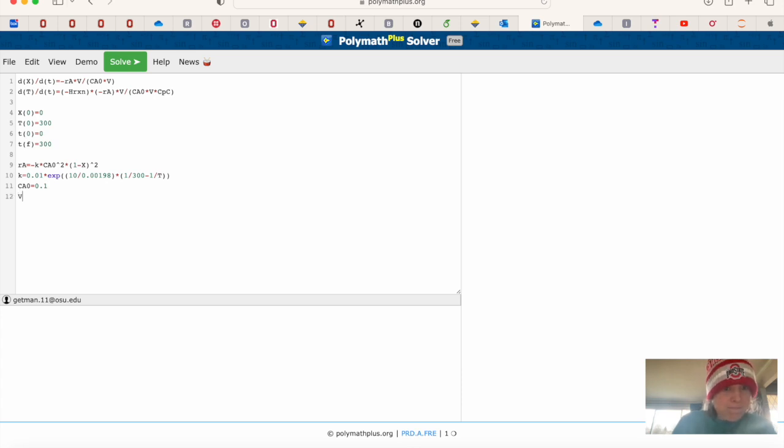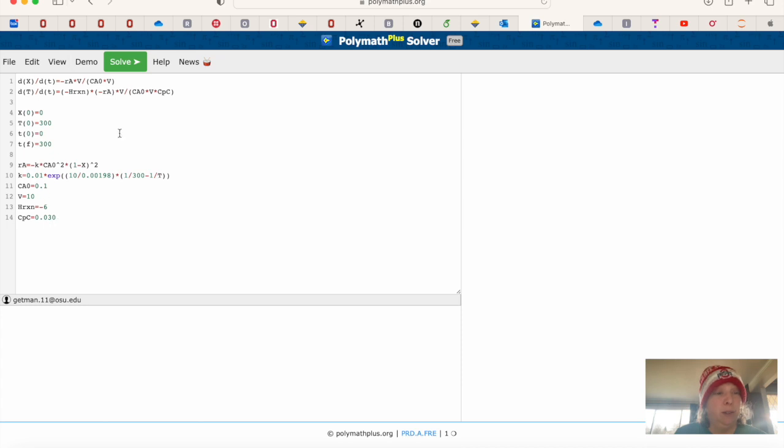Volume is going to be equal to 10 liters. The heat of reaction, we solved for that. It's going to be negative 6 kilocalories per mole. And the last thing I need is CPC, which is equal to 30 calories per mole Kelvin, or 0.030 kilocalories per mole Kelvin.